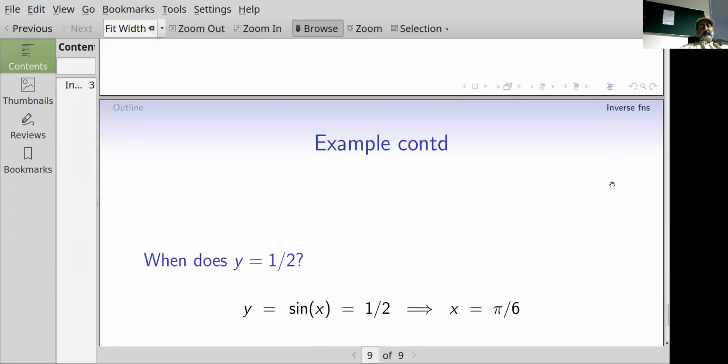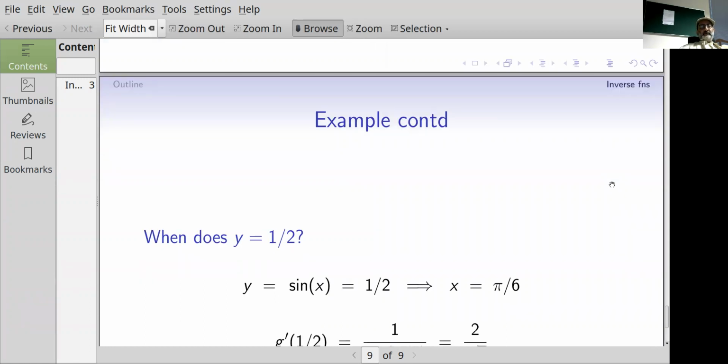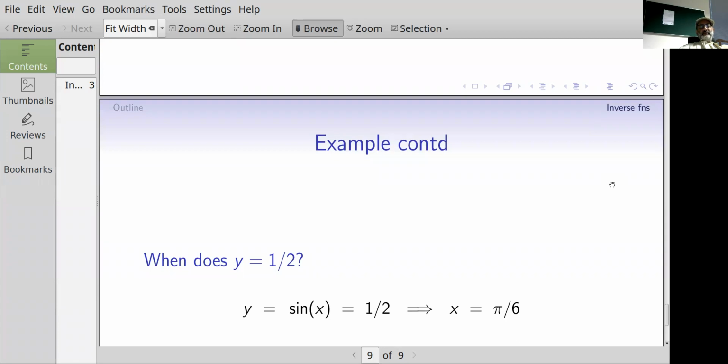So when does y equal 1/2? We'd like to know what the corresponding x value is. So y equals the sine of x is equal to 1/2. For what value of x in the interval from 0 to pi over 2 is sine of x equal to 1/2? Well, when x is equal to pi over 6, then y, which is equal to the sine of x, equals the sine of pi over 6, equals 1/2.